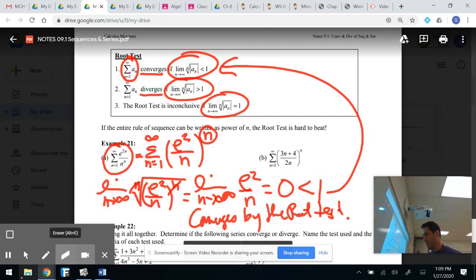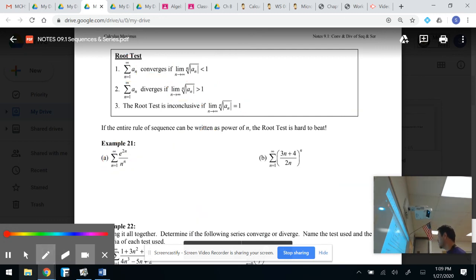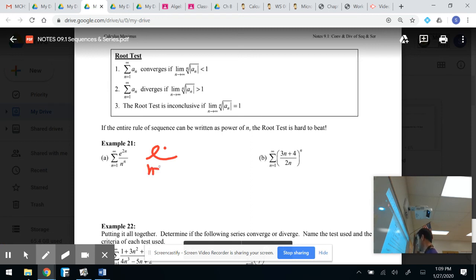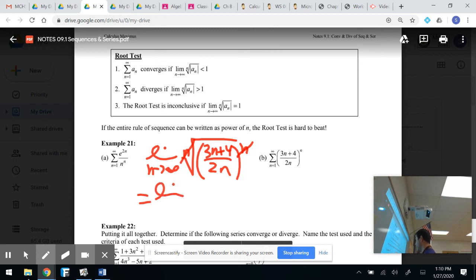Can you write the next one as something to the n power? Sweet, it already is. So then I just go to the limit as n approaches infinity. Take the nth root of all that stuff. The root and the power cancel themselves out, and I get 3n plus 4 over 2 to the n.